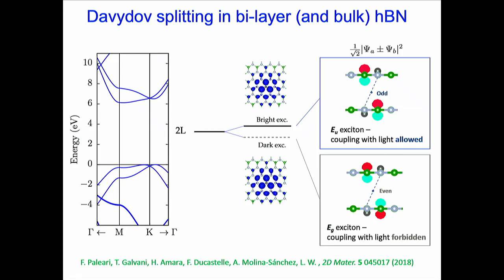We see the splitting of the bands. We see the splitting into bright and dark excitons, because the wave functions are different, even versus odd. And then we are back to the selection rules of atomic physics. You need to change the parity in order to have dipole allowed transitions.